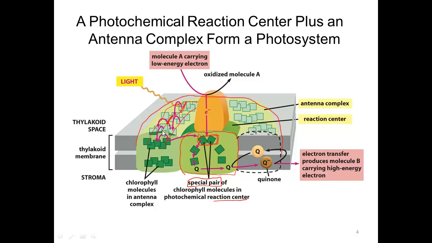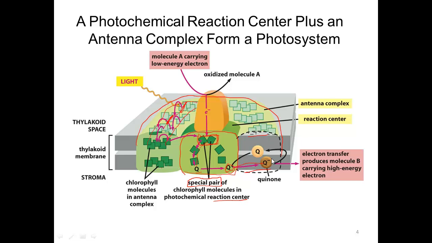So the photon will hop amongst these chlorophyll molecules until the photon hops on the special pair, and then you start to transfer electrons to another chlorophyll molecule, and then to the quinone, then to a second quinone, and then this quinone, when it gets 2 electrons on it, will diffuse out into the thylakoid membrane.